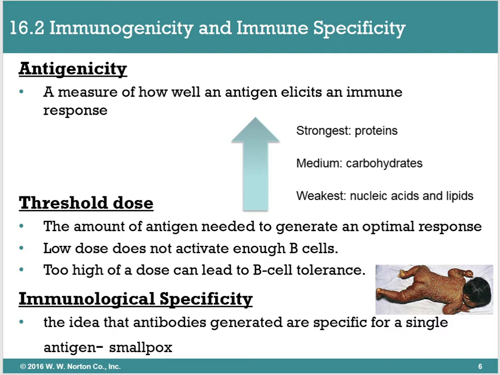Like there's one antibody specifically for smallpox, one antibody specifically for the flu H1N1, and another antibody for the flu, let's say H2N2. So antibodies are very specific, and they will only respond to the specific antigen that they were made for.